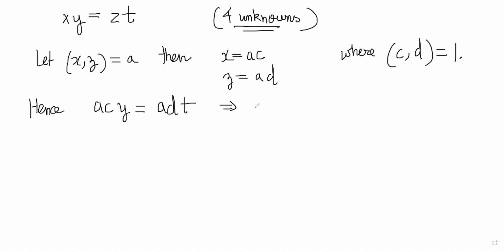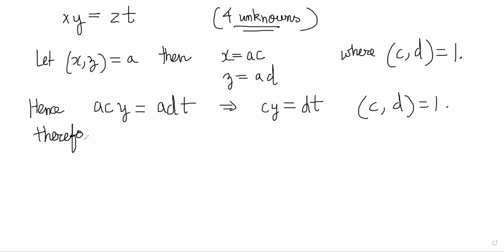So from here we are getting cy is equal to dt. And because we know that c and d are co-prime, therefore c and d don't have any common factor, and this side is divisible by d, so this side also should be divisible by d. So d should divide cy, which implies d divides y, right?